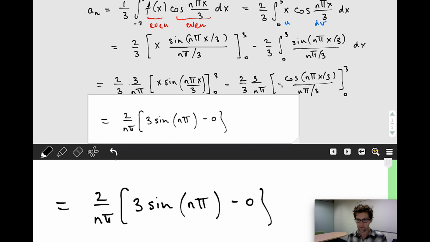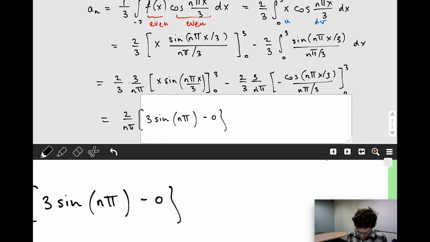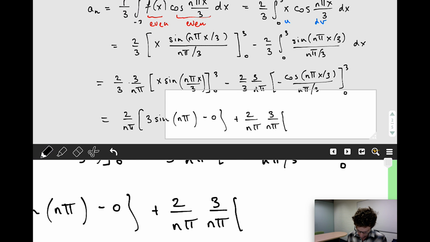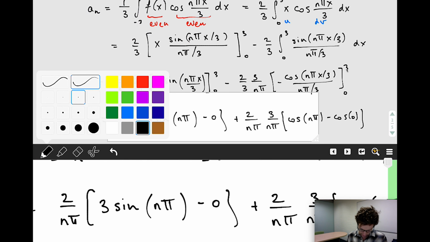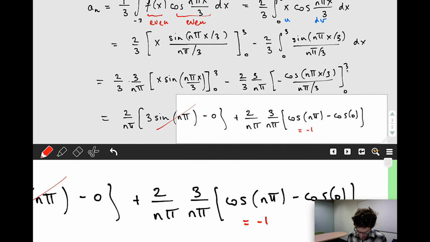Let's take out this factor of minus n pi over 3, so that's going to give me plus 2 over n pi, and again that factor of n pi over 3 on the bottom becomes a multiplication by 3 over n pi, times cosine. Let's put in x equal to 3 into this, we're going to get cosine n pi minus cosine of 0. So we know that sine n pi is 0. Cosine n pi is going to be equal to minus 1 to the power of n, and cosine of 0 will be 1.